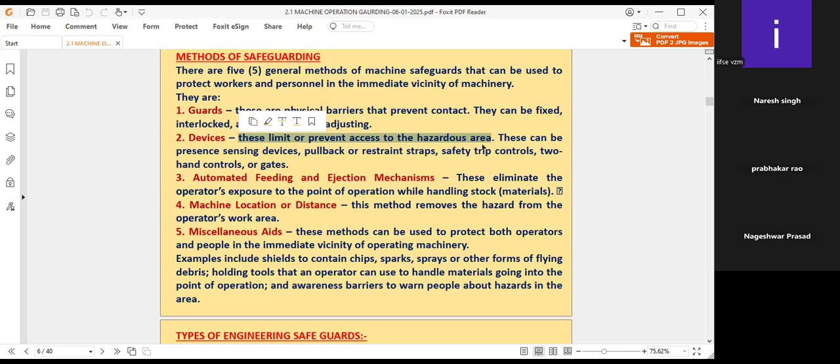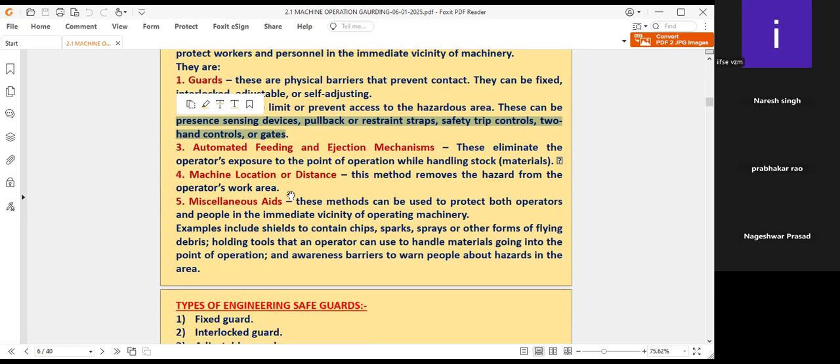For example, these can be presence sensing devices, pullback or restraint straps, safety trip controls, and two-hand controls or gates. Once these things are there, we will not bother about the guard. The manufacturer's manual itself provides the guard along with the machine, so there is no access, and it prevents accidents to the people near that guard.